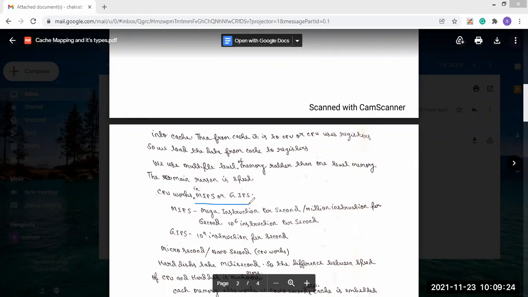So to make this normalization, this level of memory is used: there will be a secondary memory, a RAM, a cache and a CPU.